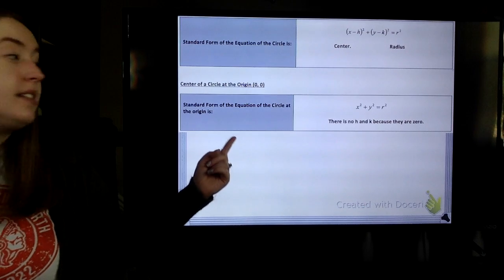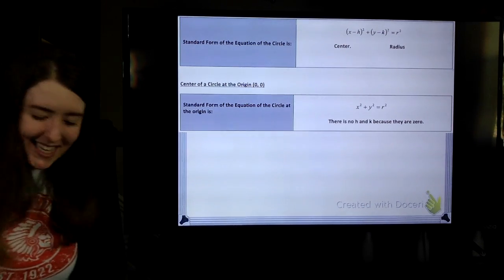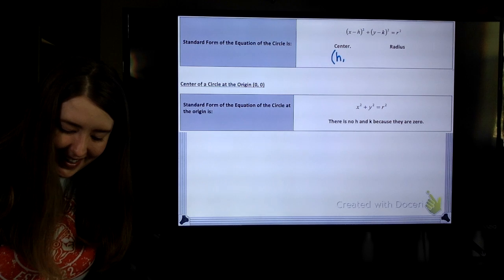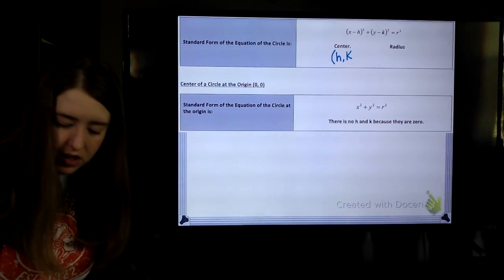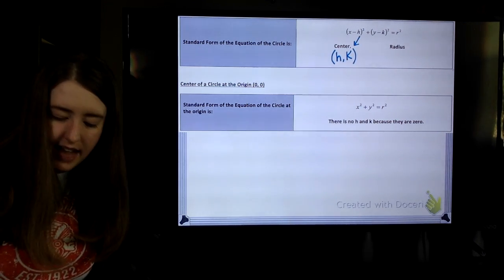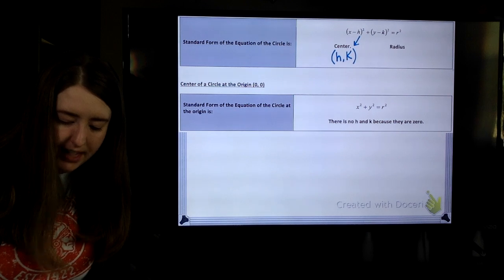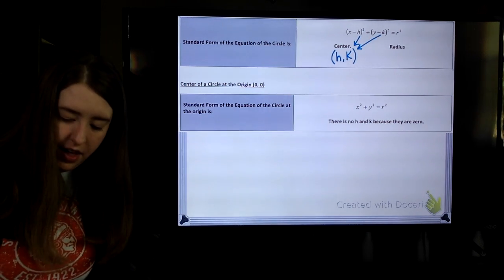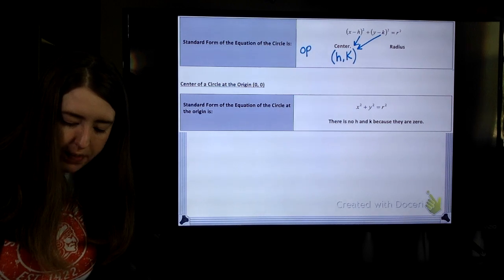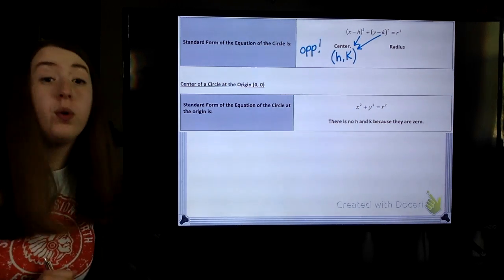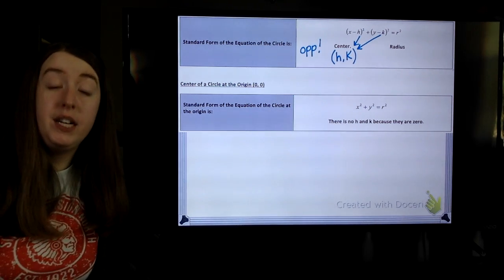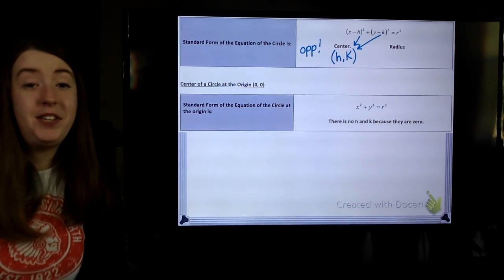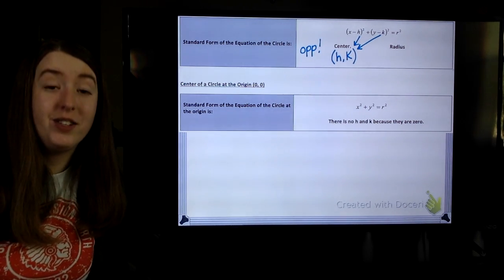So that means my center is going to be at (h, k). Since I have minus h and minus k and then I have (h, k) in my center, those are going to be opposite of what is in your equation. So if in your equation you have x plus 2 squared, you know you're supposed to have a negative 2 for the x coordinate of your center.